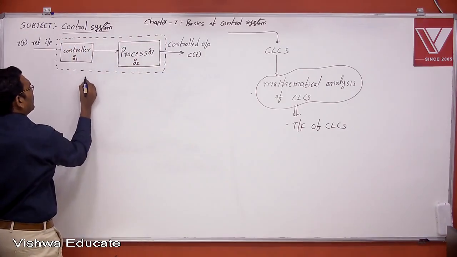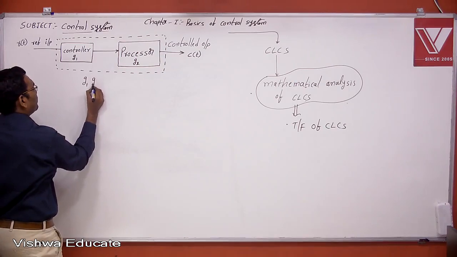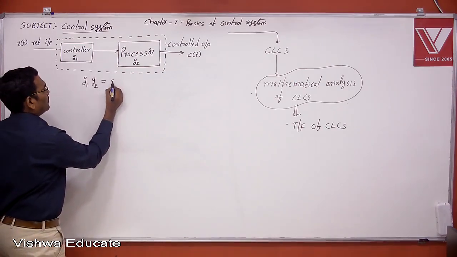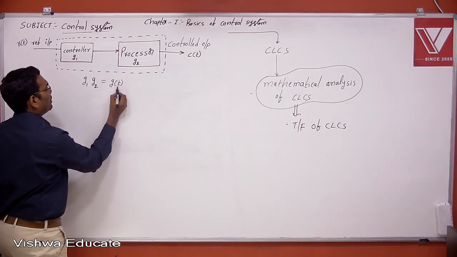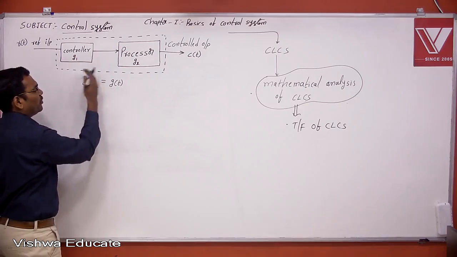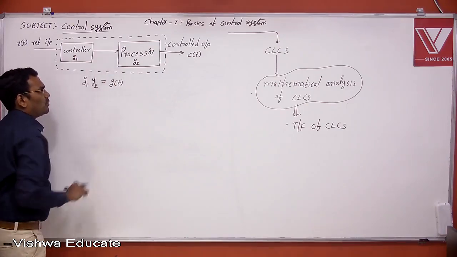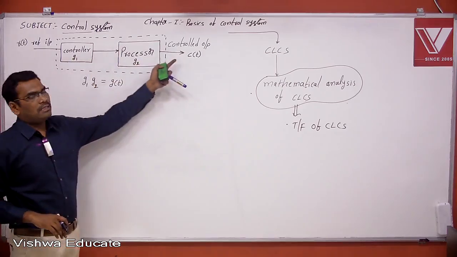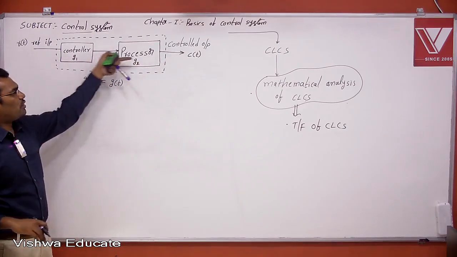The overall gain is nothing but G1 into G2. Let us assume this is some G of t, the overall gain of the controller and processor. Both are connected in cascade. Therefore, this is input and this is output, and this is the direction from input to output.